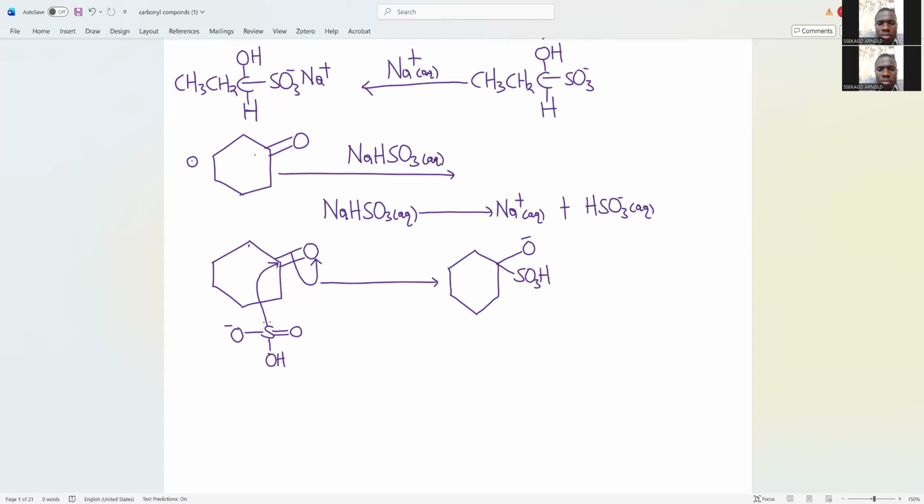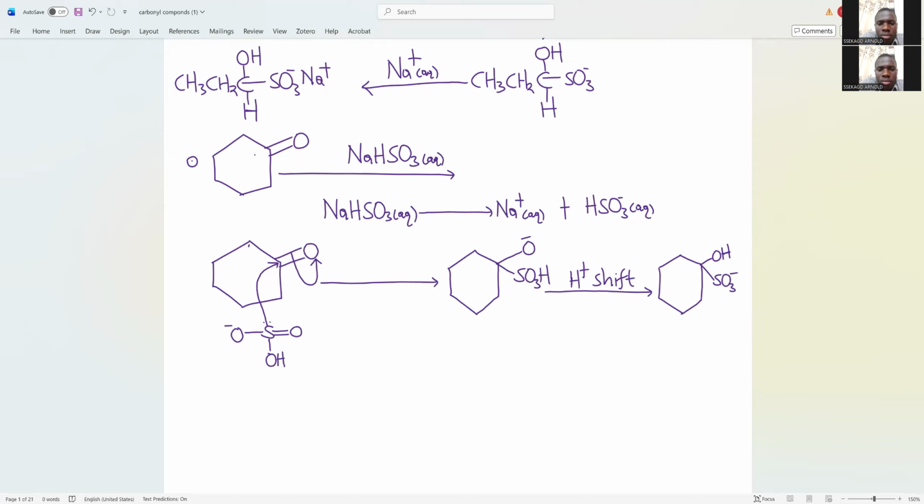We have a polar bond between oxygen and hydrogen, meaning that oxygen can take so that hydrogen is lost. Therefore, hydrogen looks for where we have electrons. So we have a proton shift, giving OH, like that.